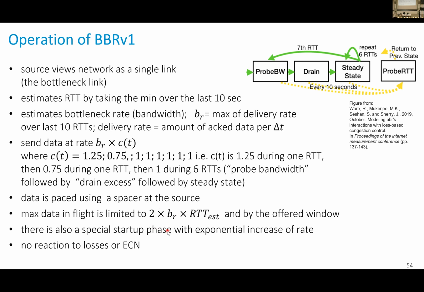There's something like a slow start, but the main thing is essentially we measure the minimum round trip time, which is an estimate of the round trip time we would have when the buffer is not full, which of course is not what happens when I do this. And then we also estimate how much we get, which is the estimated bottleneck link, and then we send at this rate here.